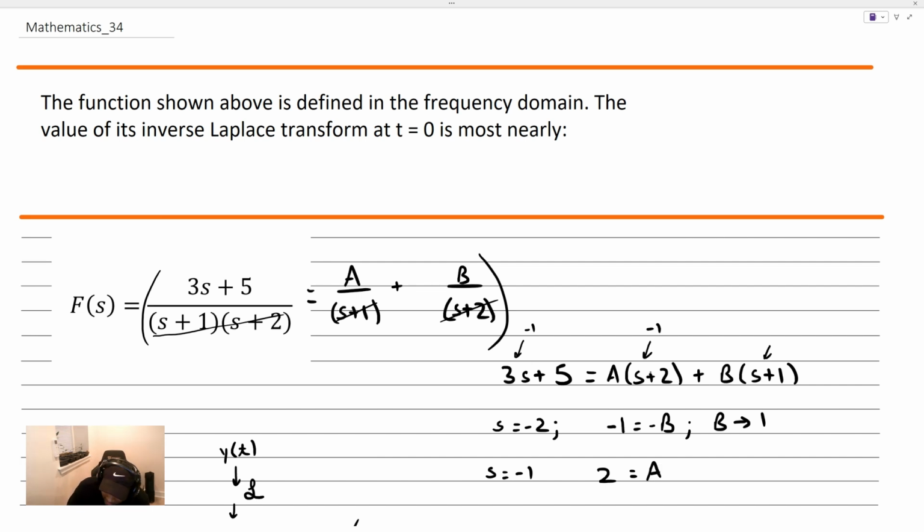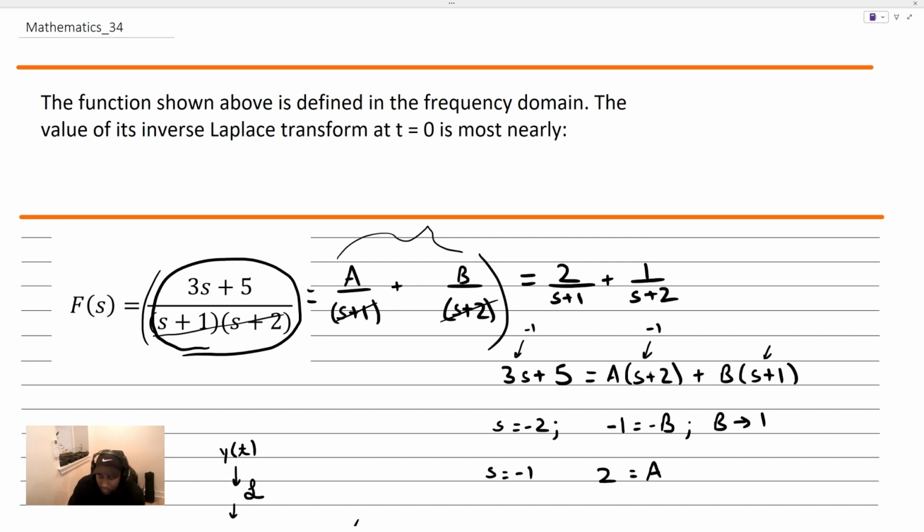Now that I know exactly what the frequency domain function is, I know that the function on the left-hand side, 3s plus 5 divided by these two factors, is exactly equal to what I get when I plug in A equals 2 over s plus 1 and B equal to 1 over s plus 2.